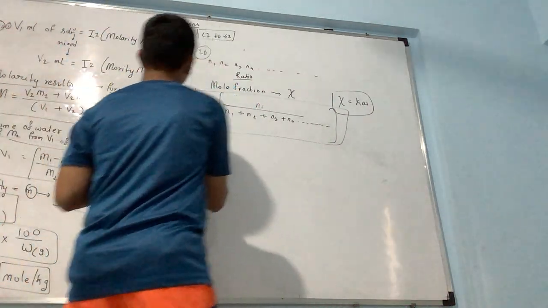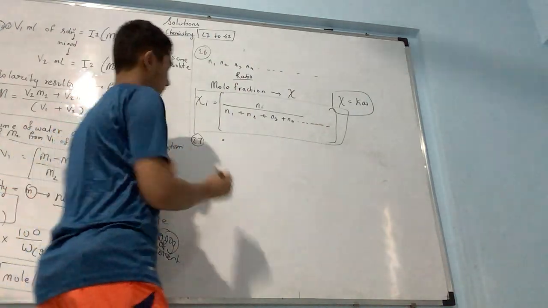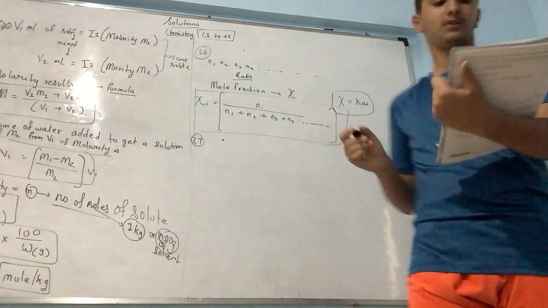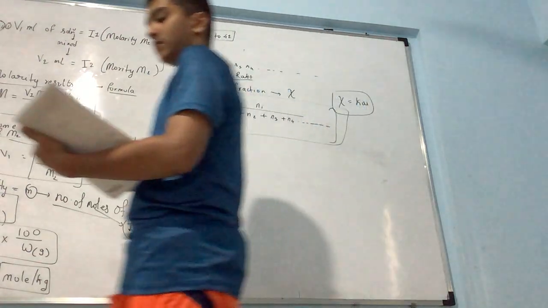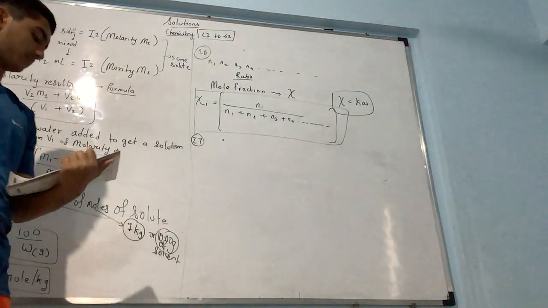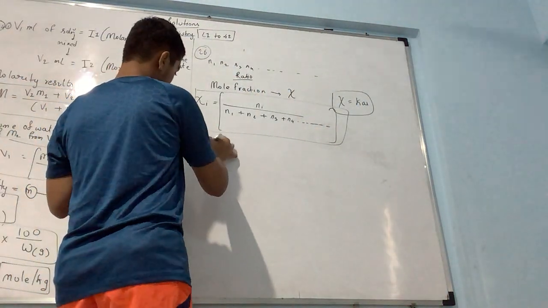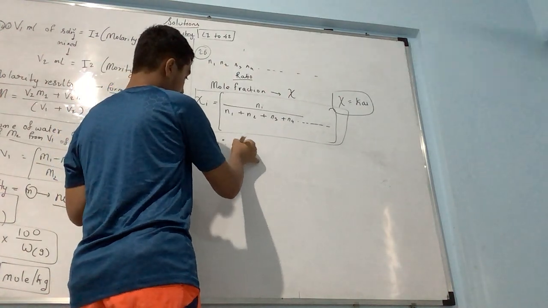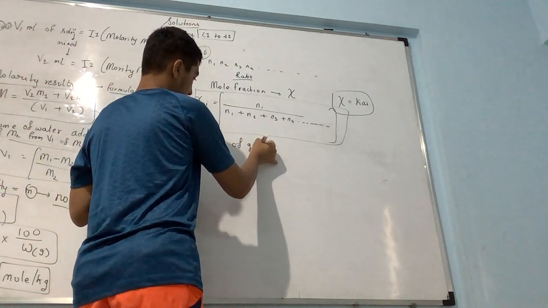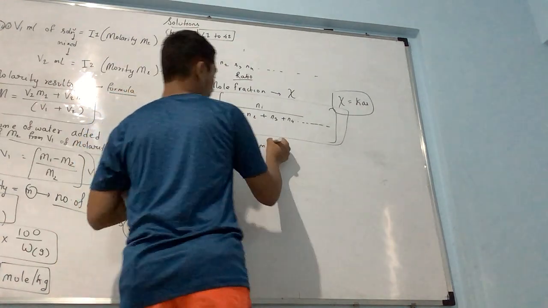The 27th point. What is the 27th point? The number of gram formula units present in 1 liter of solution is called formality. This is very easy and important. Number of gram formula units.